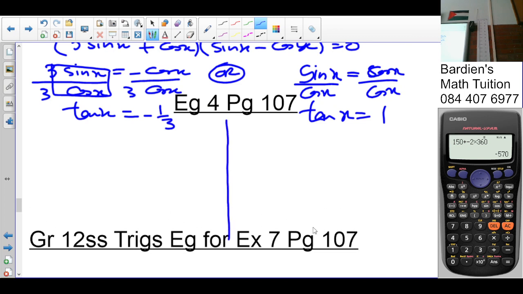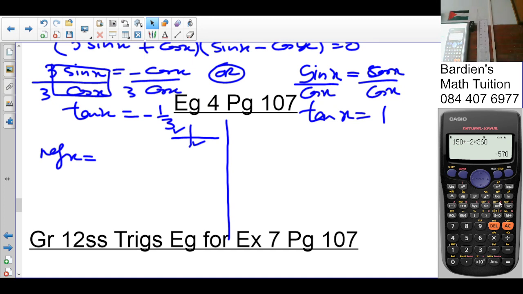So let's go with the first one. The question that comes to mind is in which quadrant is tan negative? Quadrants 2 and 4. But we just represent it in one quadrant. So we say reference x is equal to arctan of a third. Shift tan of a third is 18.43.